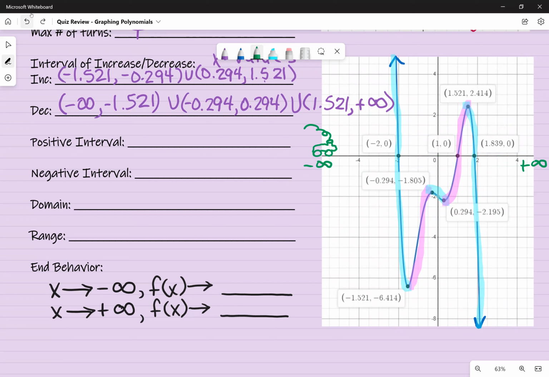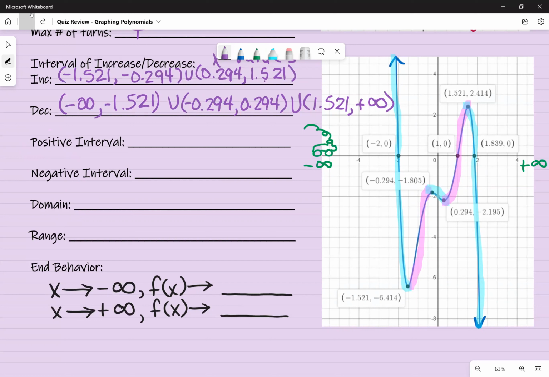So I'm going to stop at every x-intercept. And what I'm looking for is, am I stopping in a positive area where my graph is above my x-axis, or am I actually stopping in the negative area where my graph is below the x-axis? So starting from negative infinity does not mean that I automatically go to negative.